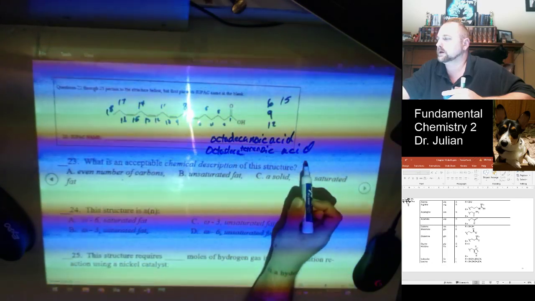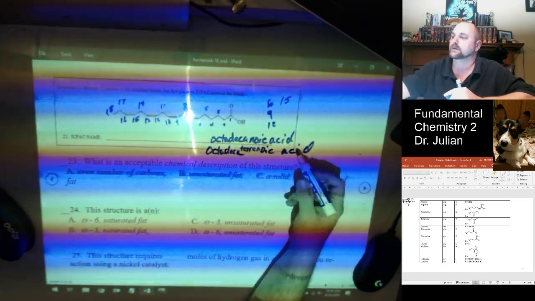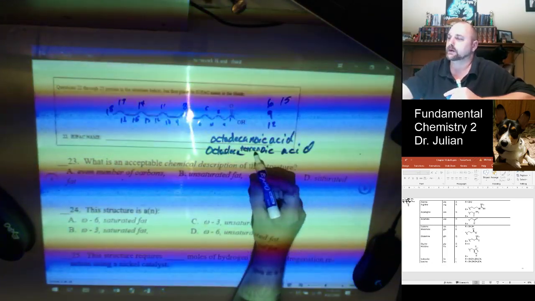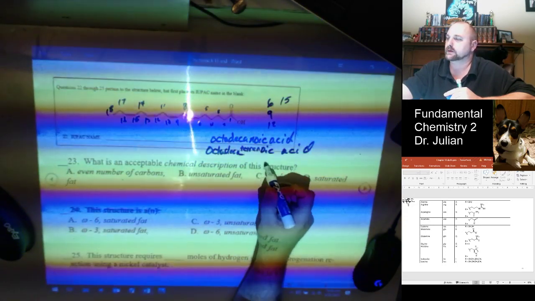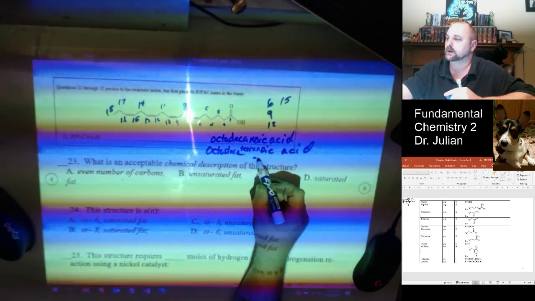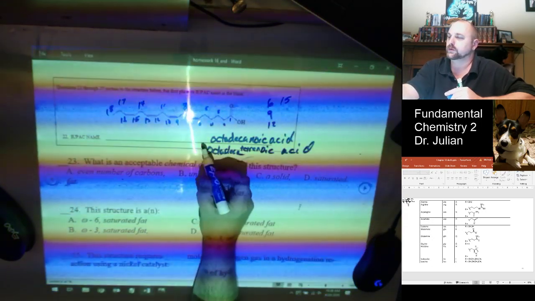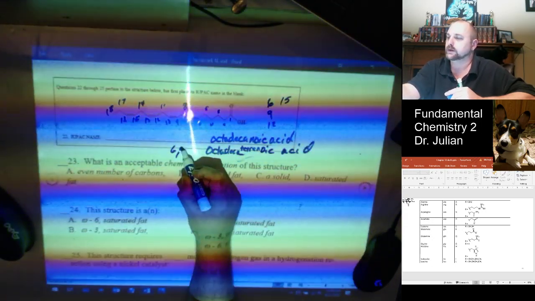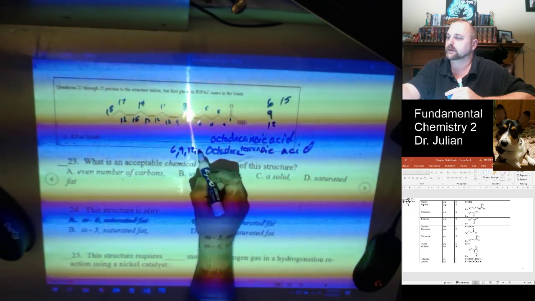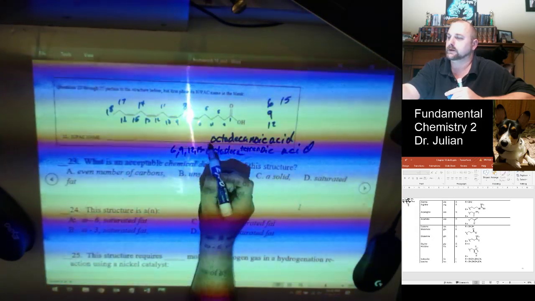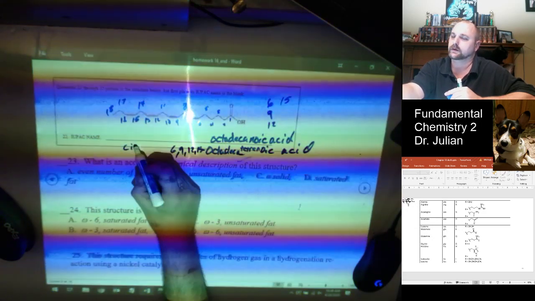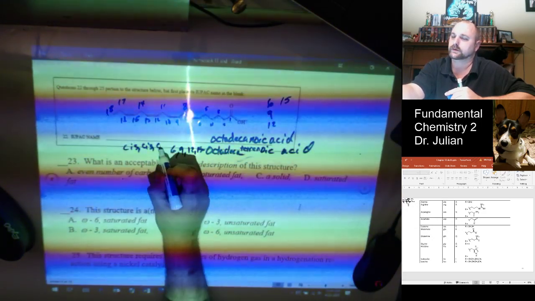Tetranoic acid. So you can see why IUPAC would separate it. And tetra, and then I have enoic, 6, 9, 12. We like numbers in the front. You put them in order. 6, 9, 12, 15. And then you have to say that each one is cis.